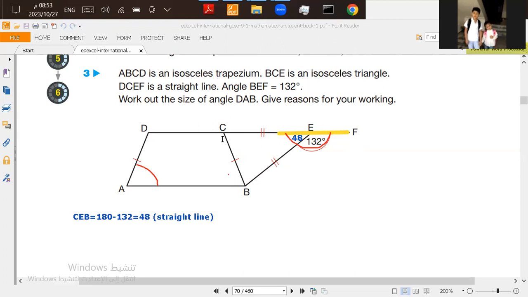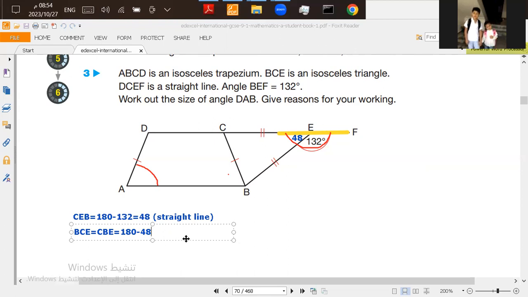We're going to find this angle, which is BCE. So we're going to say BCE equals CBE, because they are the same, equals 180 minus 48, as you see here. So 180 minus 48 will give me these two together.